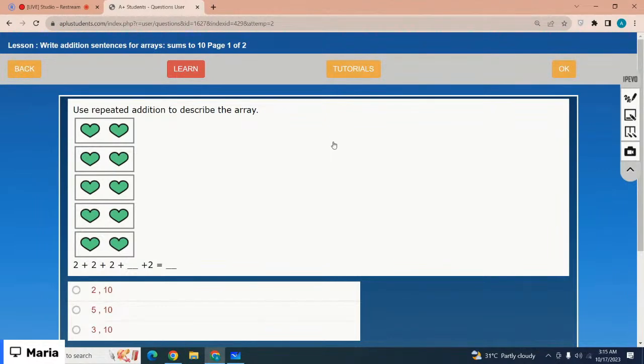In the array, you have 1, 2, 3, 4, 5 lines, right? 5 rows, and in each row you have 2 hearts. So that means the missing one is 2 plus 2 plus 2 plus 2. You have 5 times 2, right? And when you add them, that would be 10. So that would be 2 plus 2 plus 2 plus 2 plus 2 equals 10. So the number missing is 2, and their sum is 10. So that would be option number 1, 2, and 10, right?